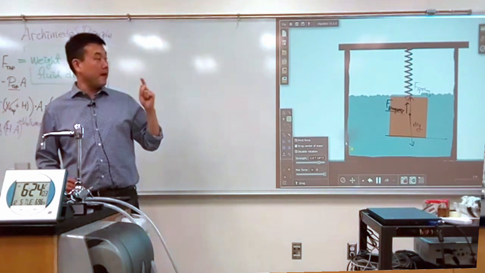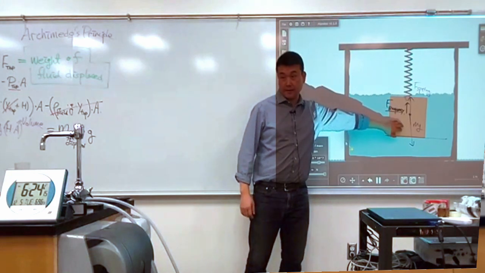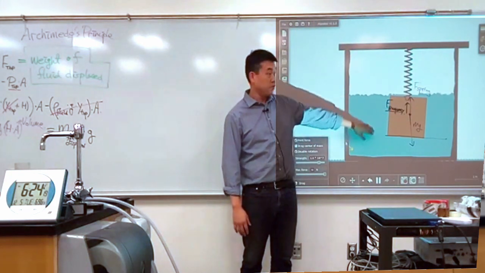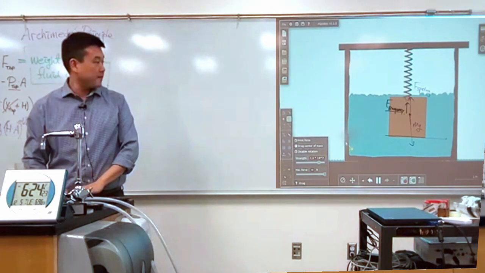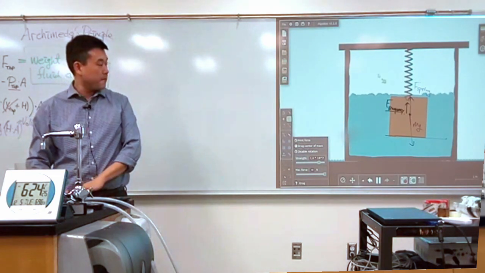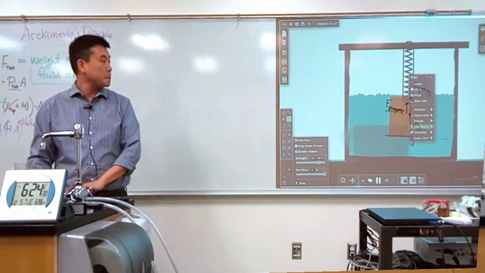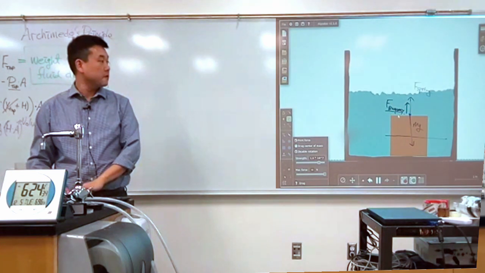And that actually explains why the density of the object has to be less than the density of the fluid to actually float on it. This is how you can imagine it. Let me get rid of the spring, get rid of this cover.